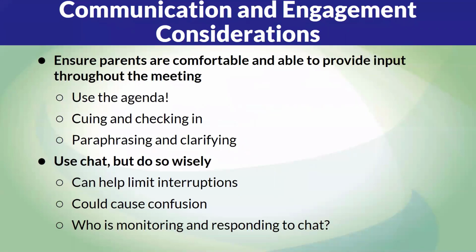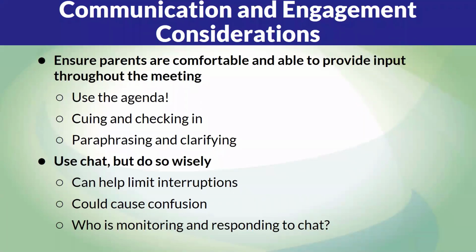So just some more roles that you're going to want to think about in terms of communication and engagement. Again, making sure someone is on top of cueing and checking in with parents, paraphrasing and clarifying for parents the information that's being shared. Again, just those things that are good regular meeting practices.